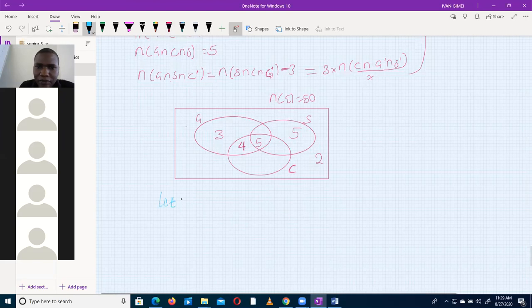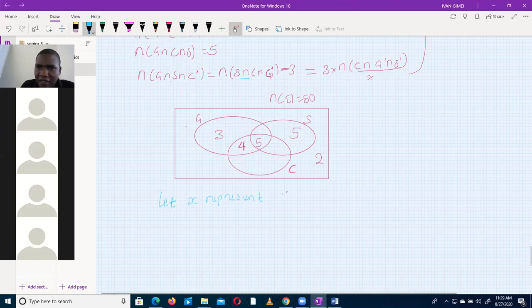Let X represent, what should X represent? It should represent S and C only.